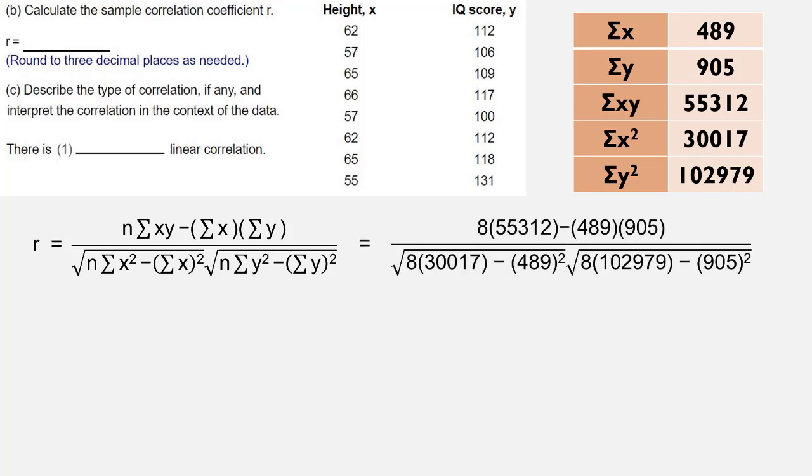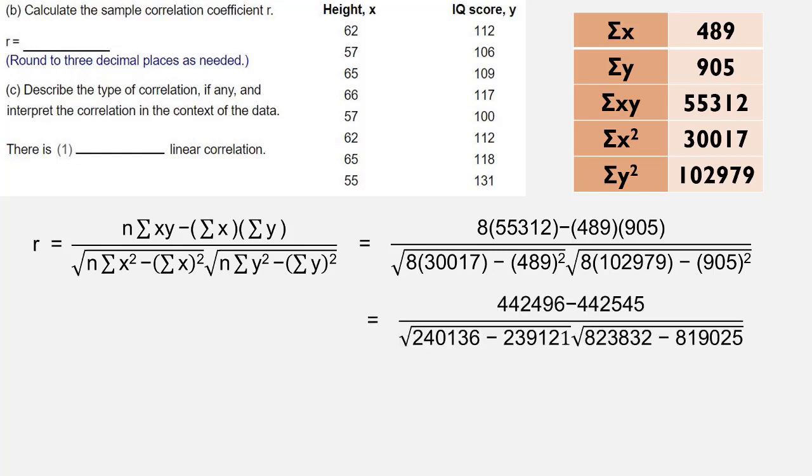So we get 8 times 55,312 minus 489 times 905 over the square root of 8 times 30,017 minus 489 squared times the square root of 8 times 102,979 minus 905 squared. There are 6 multiplications to do.